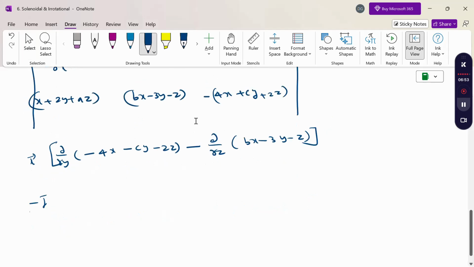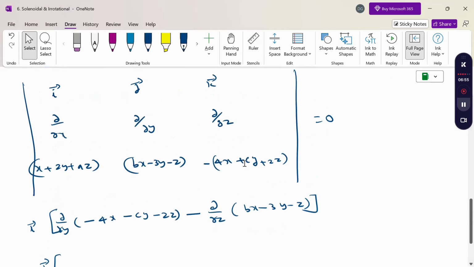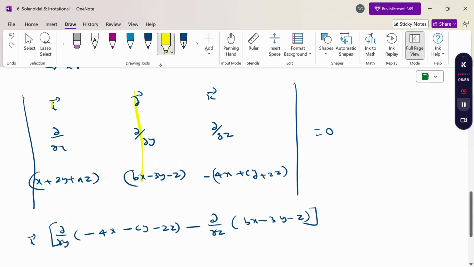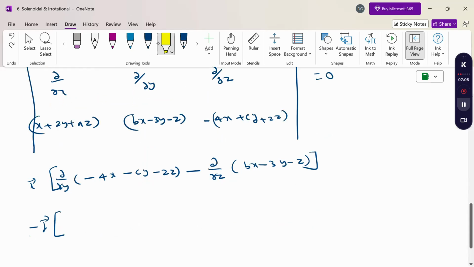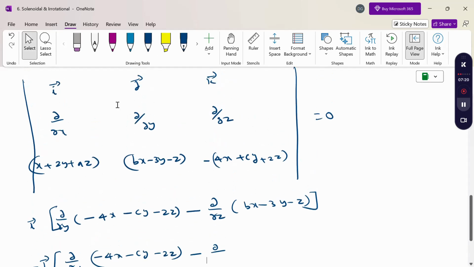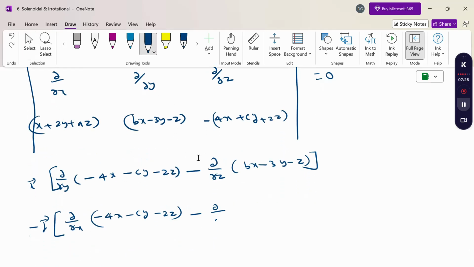Minus j vector, again leaving this column and row: dou by dou x of the third component, 4x plus cy minus 2z, minus dou by dou z of x plus 2y plus az.